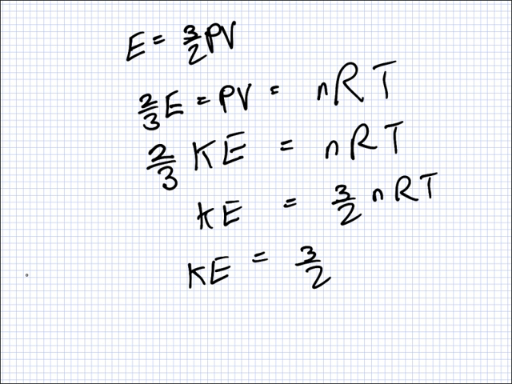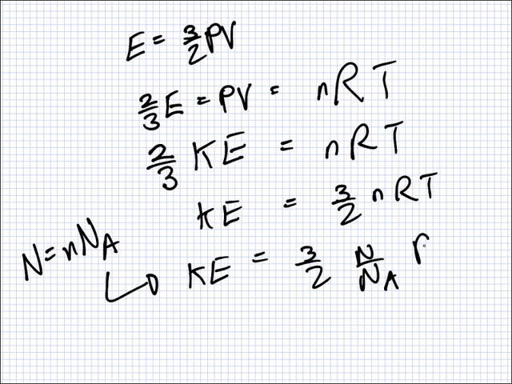Now I'll use this formula: N equals n times Avogadro's number. So that's 3 over 2 N over Na times RT. Okay?